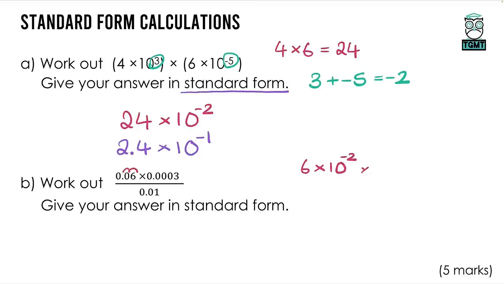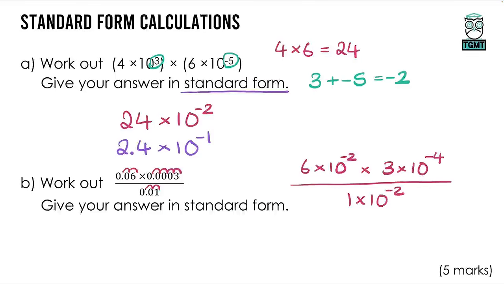0.003, so we're going to times by 3, times 10 to the power of 1, 2, 3, 4, so negative 4. And on the bottom, we have 1 times 10 to the power of 1, 2. So that's negative 2.